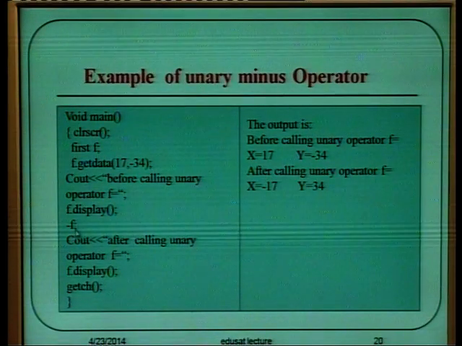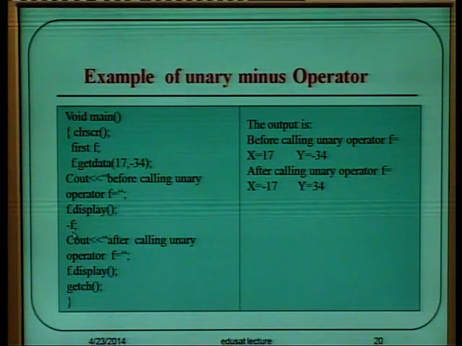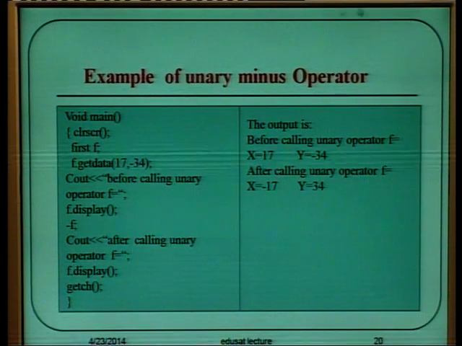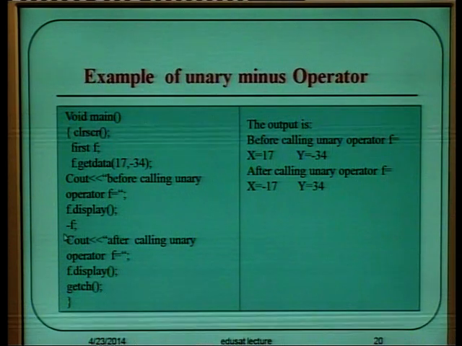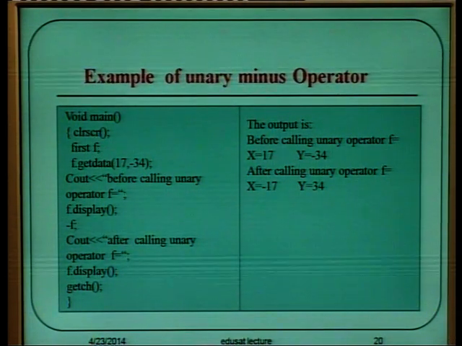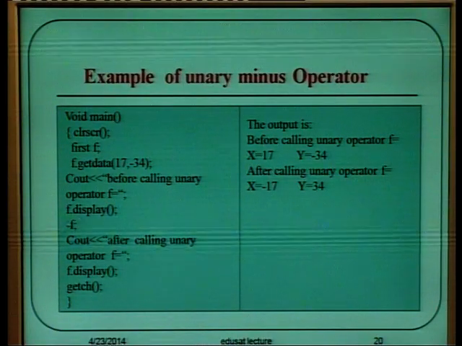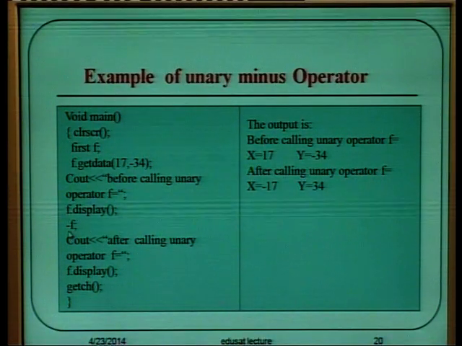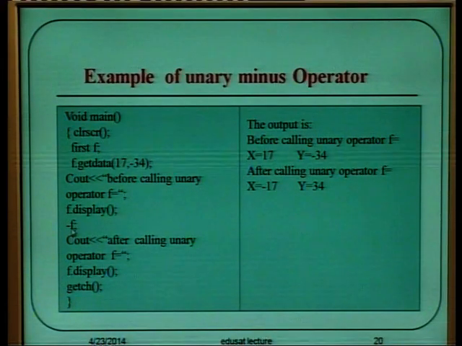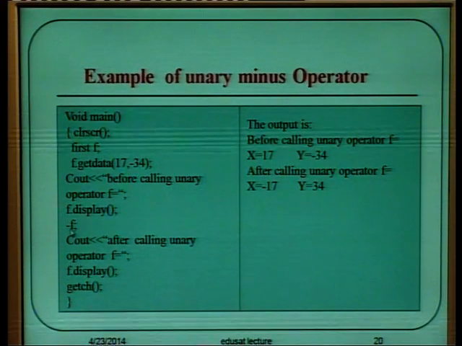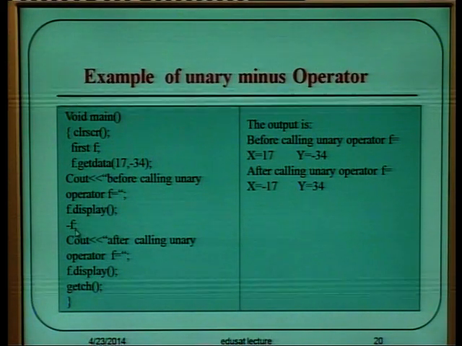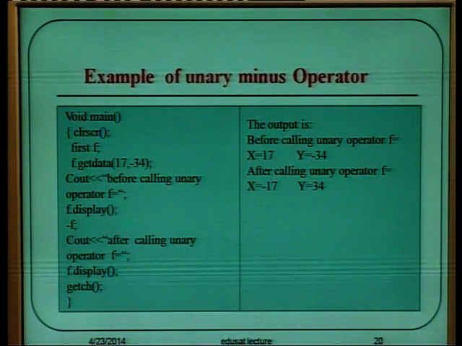How can we call the operator overloading function? Here is the syntax: we do not require any object dot function name to call the operator overloaded functions. We simply write the operator that we have overloaded, then the object.